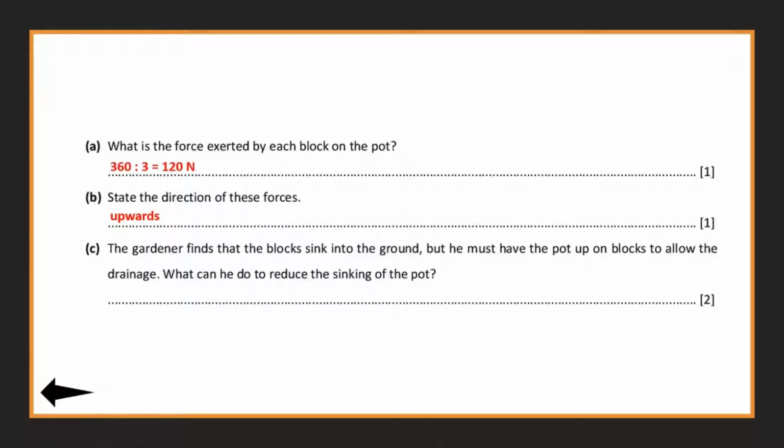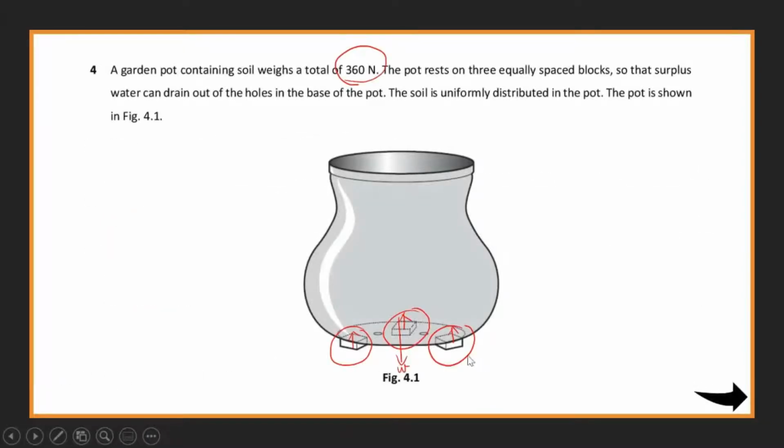Question 4c. The gardener finds that the blocks sink into the ground, but he must have the pot up on the blocks to allow the drainage. What can he do to reduce the sinking of the pot? On figure 4.1, we can see that the contact area between the block and the ground is quite small.